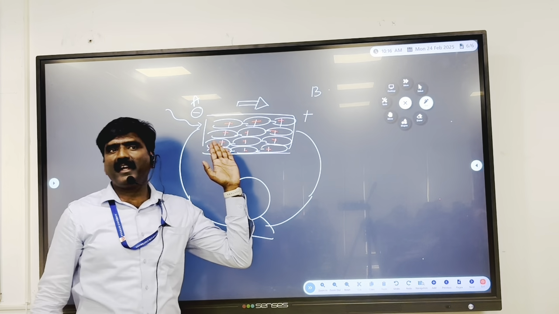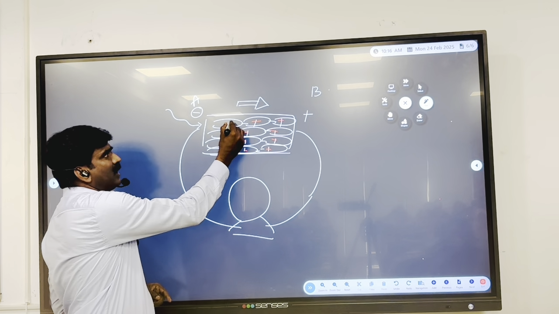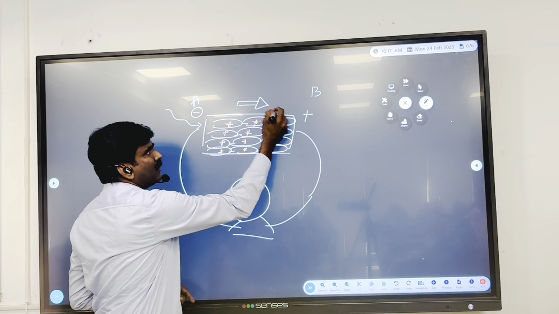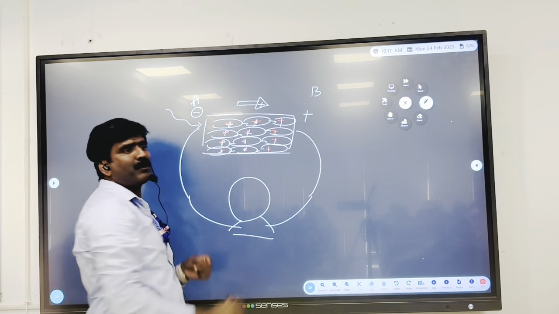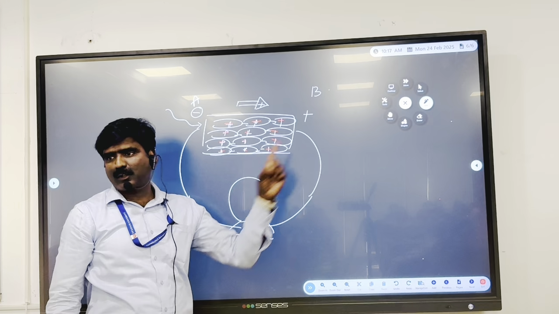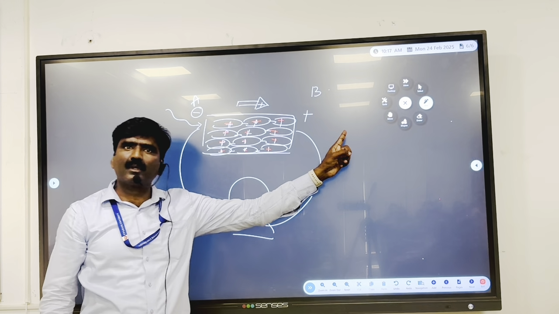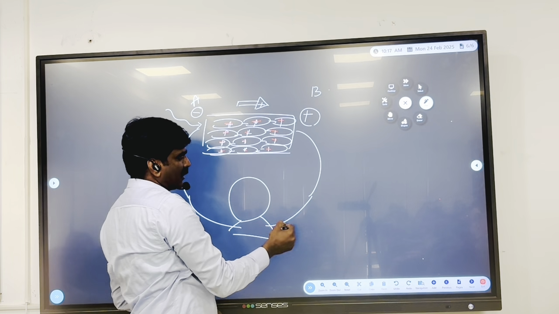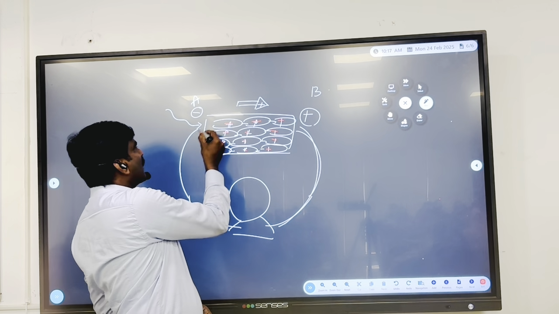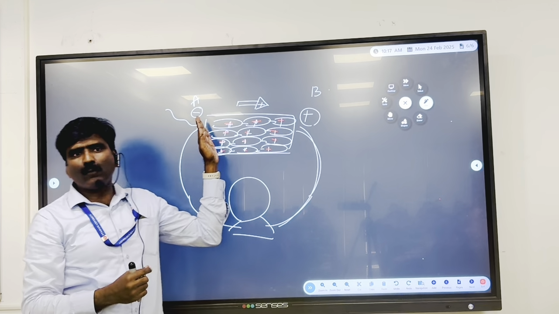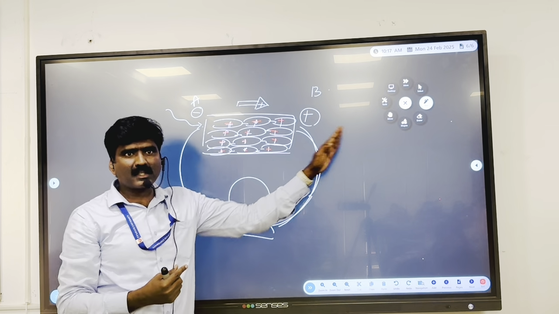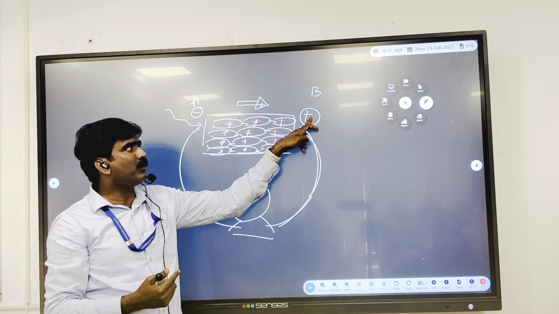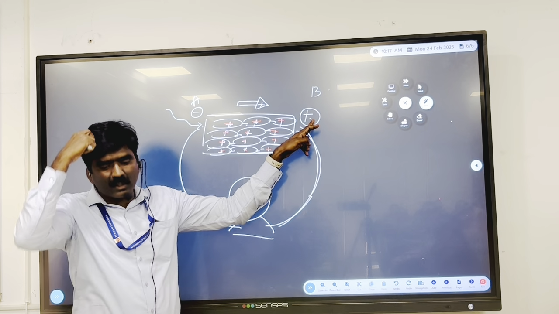A positive wave is moving towards the positive electrode. Are you clear what I am saying? This is the positive electrode, this is the negative electrode. A wave of depolarization, that is a positive wave, is moving towards the positive electrode.